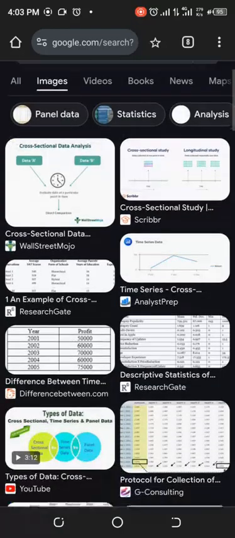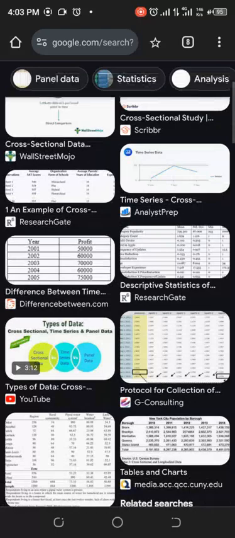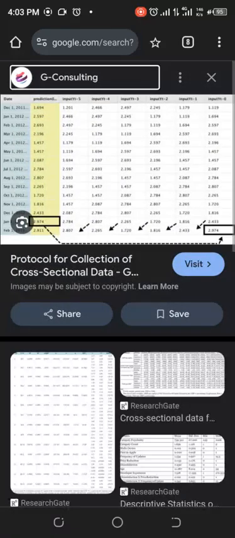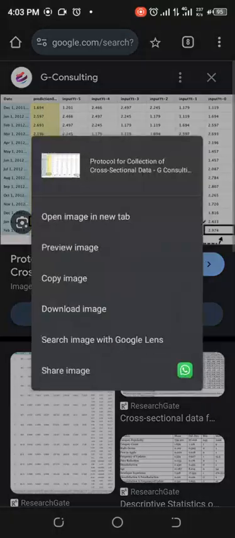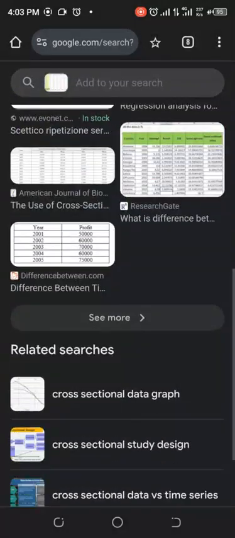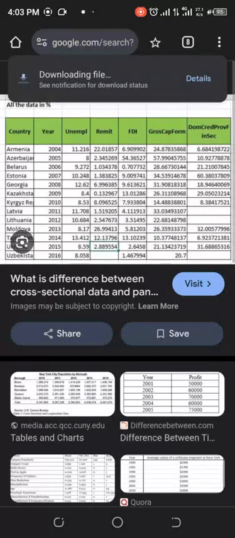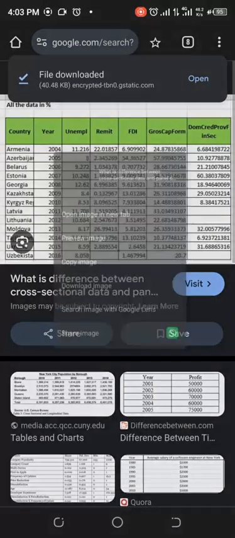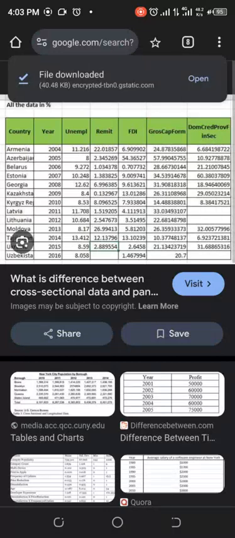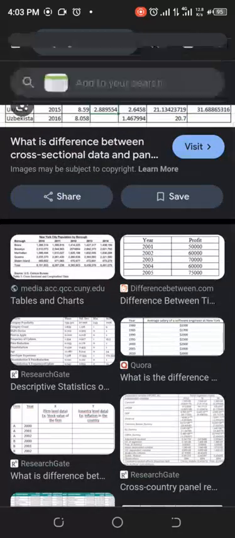And then I'm trying to find an example that I can send. So there's this one. I'll send you some images to see examples of cross-sectional data. So it looks at the same year, but with different variables. That is cross-sectional data.